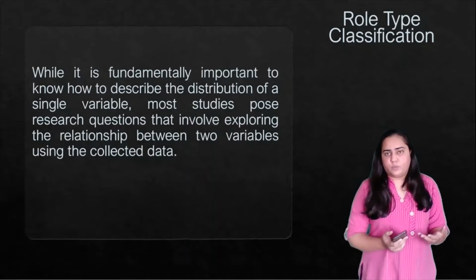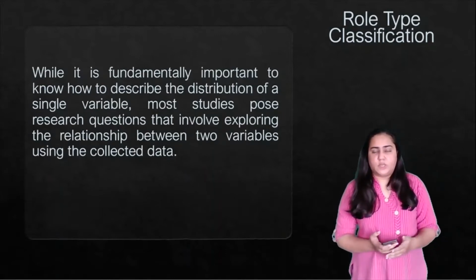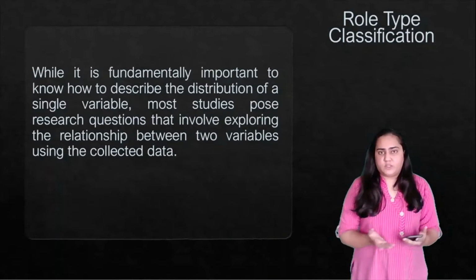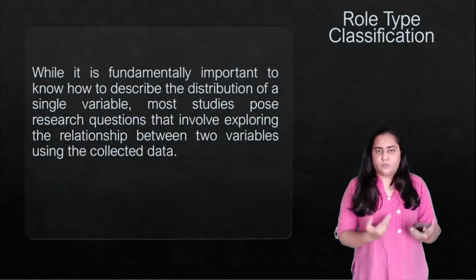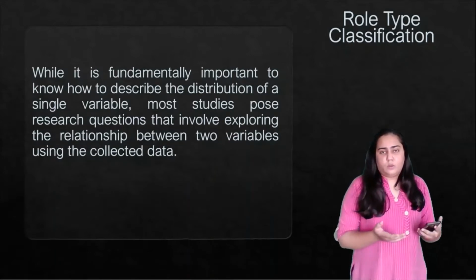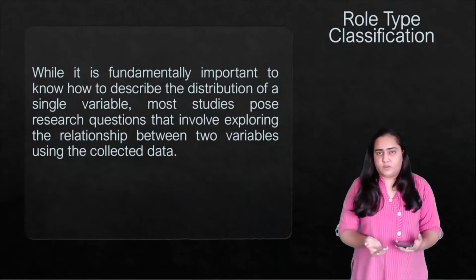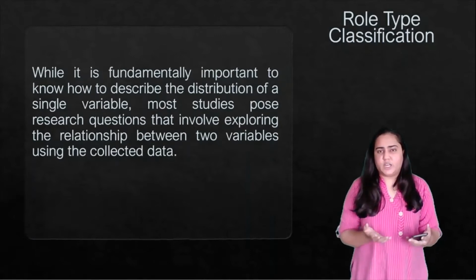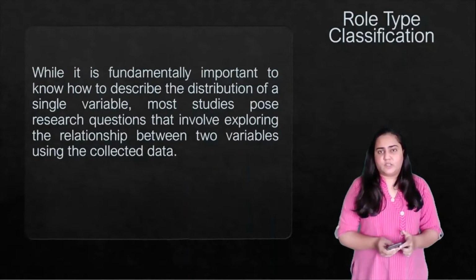So far, whatever we have done in the previous videos is study how one variable is distributed, but most of the research questions are about how one variable is related to another variable, and then studying the relation between them and finding how they affect each other. So that's why it is important to classify these variables.